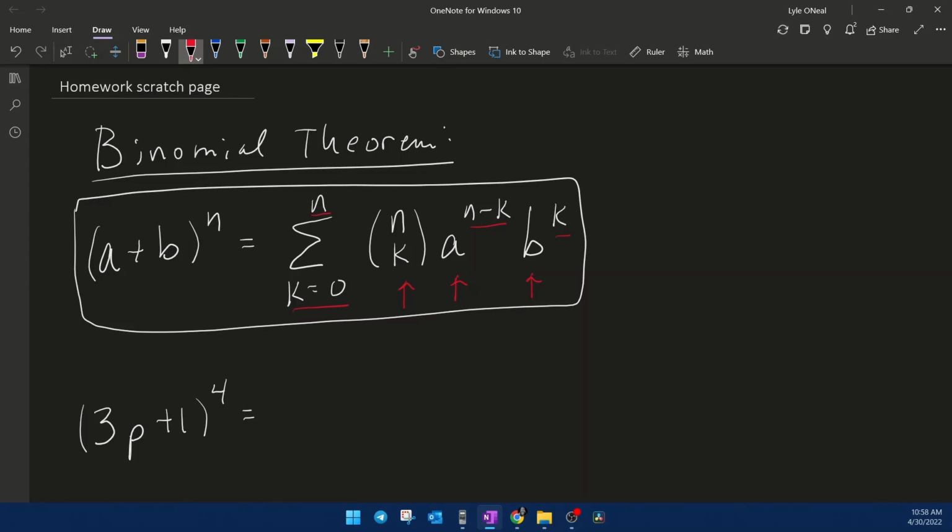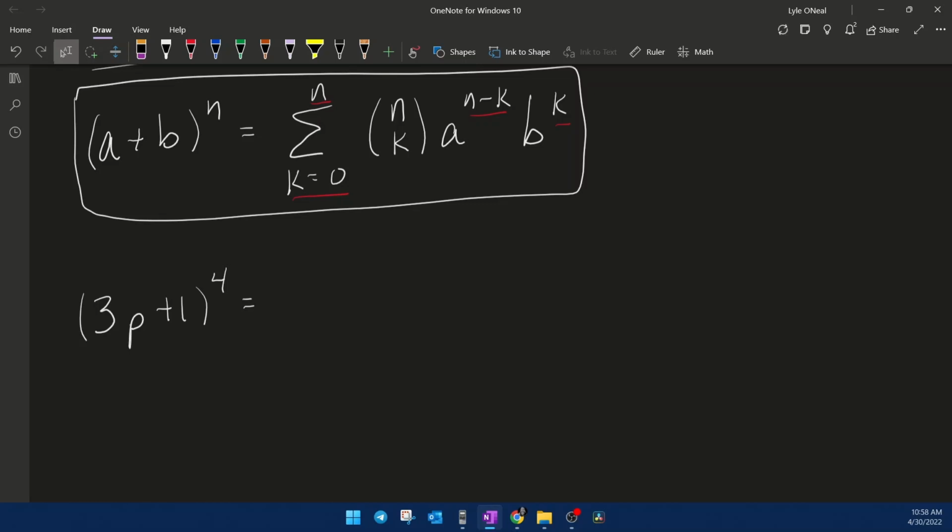And so this is going to involve a lot of plug and play in order to write out the terms of your binomial sequence. All right, so for our problem, our a value is 3p, our b value is positive 1, and n is 4. So let's do the summation, knowing that we have to start when k is 0.